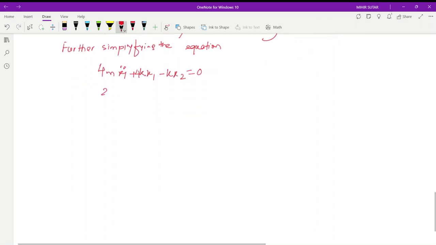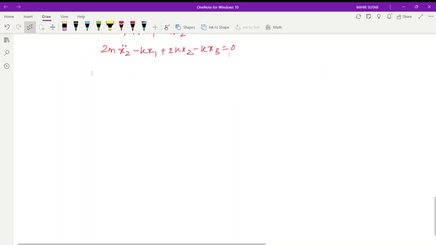Then 2m x2 double dot minus k x1 plus 2k x2 minus k x3 is equal to 0. Then m x3 double dot minus k x2 plus k x3 is equal to 0. Let's say this is equation 2.